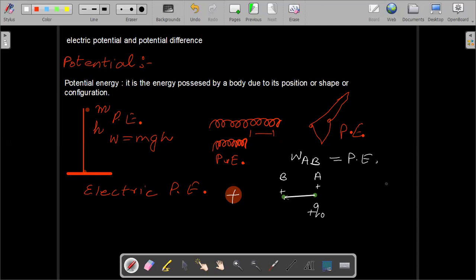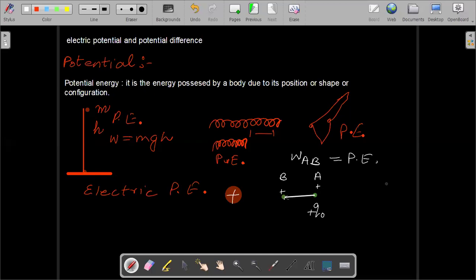I will get my work done back in the form of kinetic energy. Got it? This forms the fundamental for electric potential. I think everyone has understood electric potential energy.